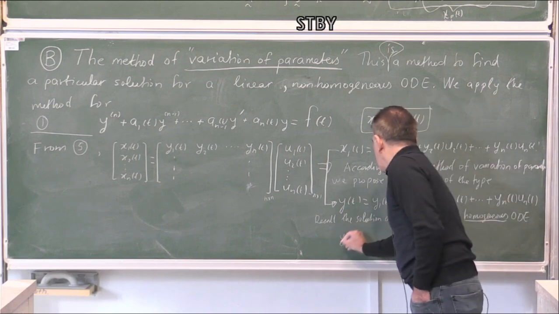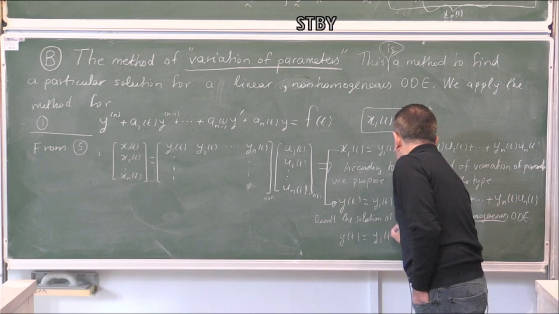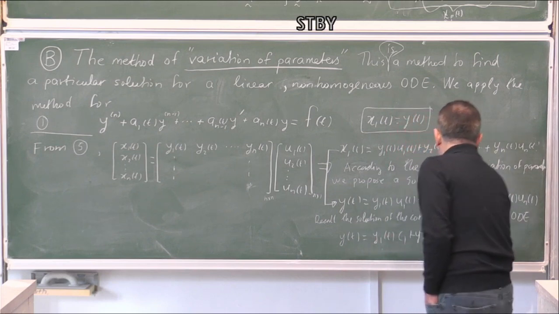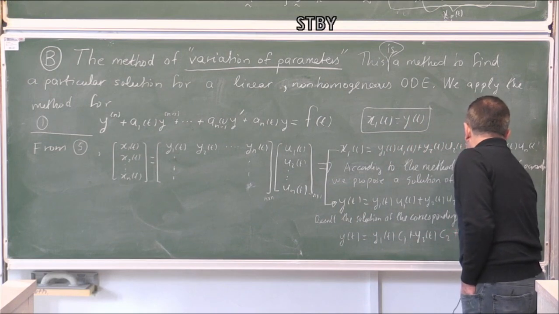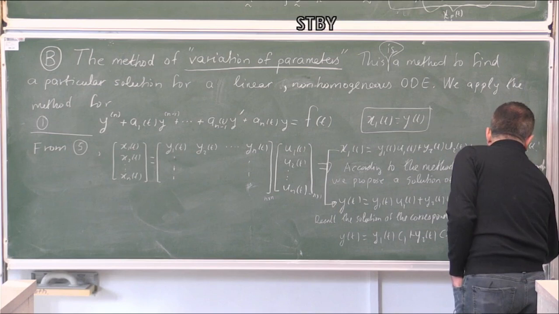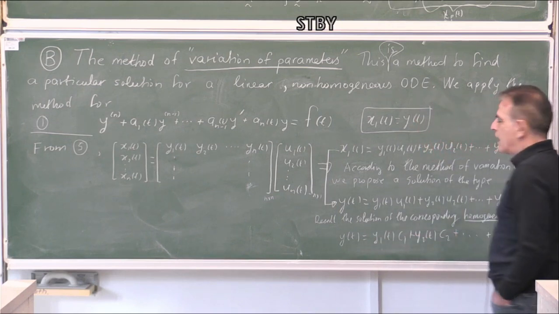It is like that: y1 of t c1, y2 of t c2, yn of t cn, or written in the other order, c1 y1, c2 y2, cn yn.